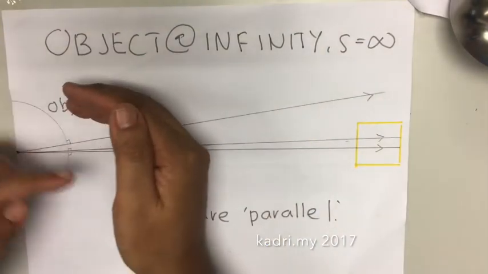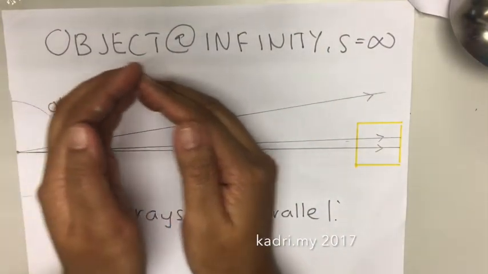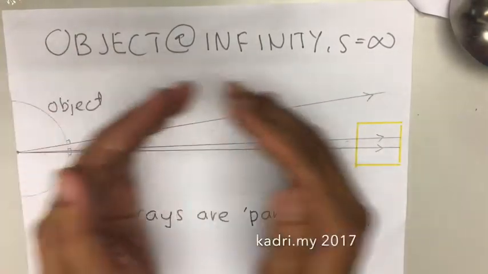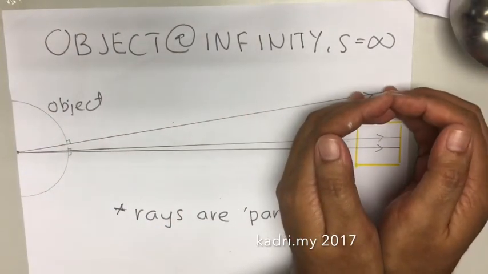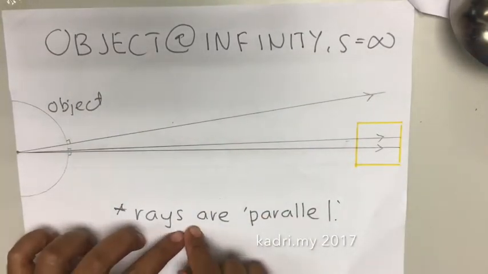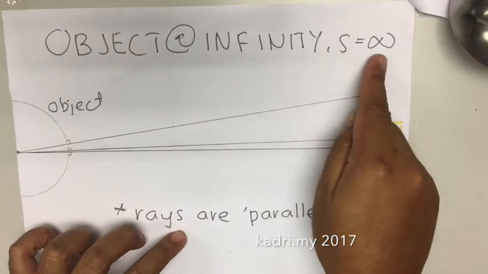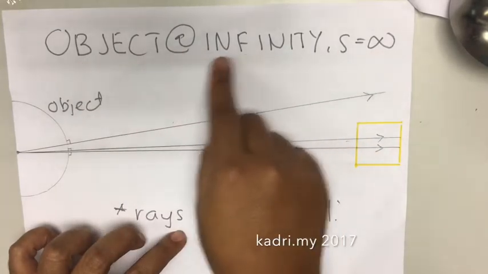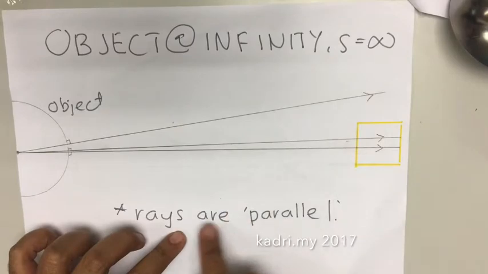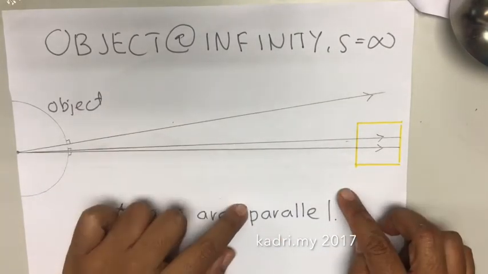If we look here, there is some angle difference, but very far away from the object, we see that these rays are parallel. So for rays coming from an object at infinity, if the object distance is infinity, the rays are parallel. I say parallel because it is actually approximately parallel.